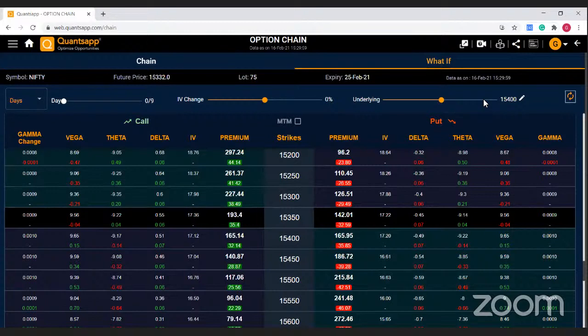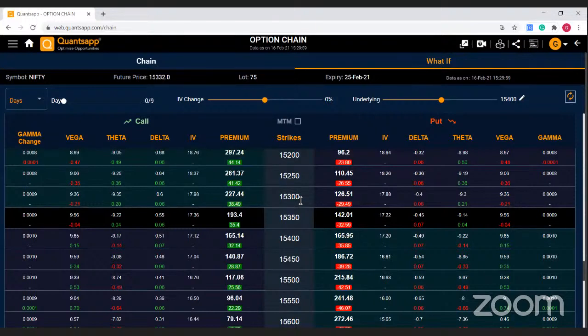Okay. So what we are looking at in the chain what if is that, as a person, I want to know how much my option premium will be affected if there is a change in the underlying. We know that call option prices will go up if the underlying prices are going up.